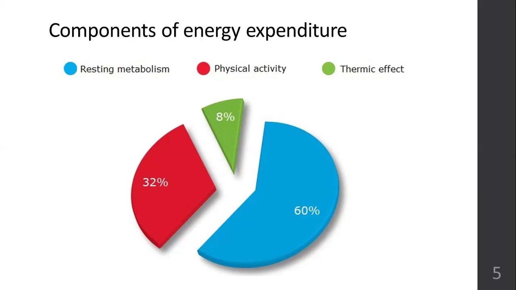Which will require more energy from your body to break down, to digest and absorb? It's protein. Proteins are more difficult, they are more complex. Breaking them down, your body requires more energy. That is the thermic effect of food.